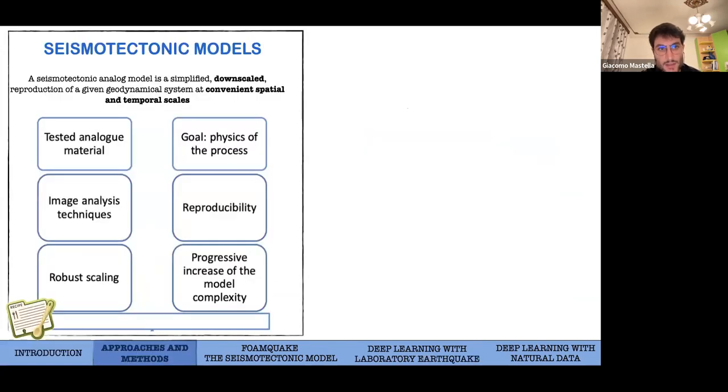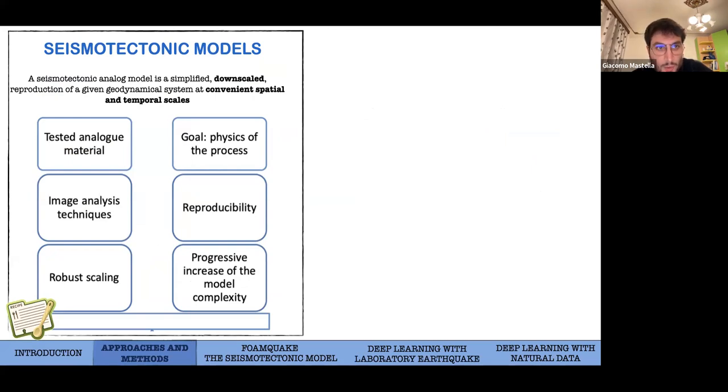In this context, seismotectonic analog models offer us a useful tool to overcome, for example, the paucity of direct observations from natural systems. A seismotectonic analog model is simply a reproduction of a given geodynamical system at more convenient spatial and temporal scales.